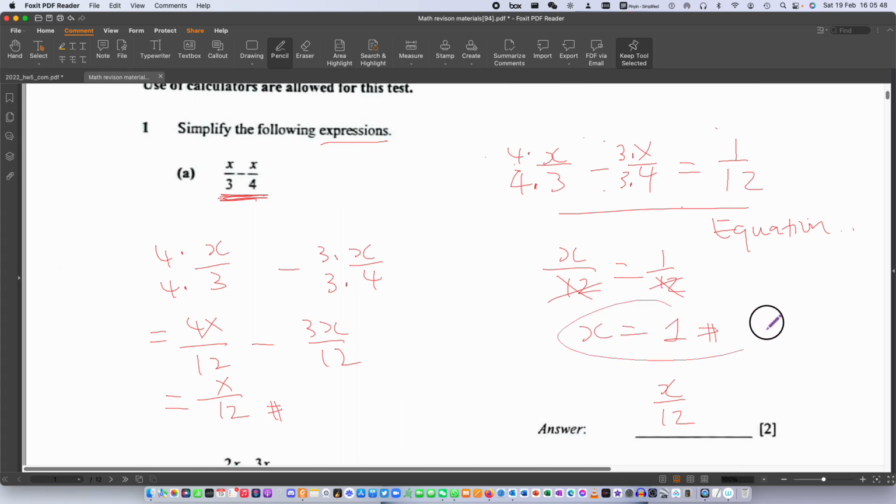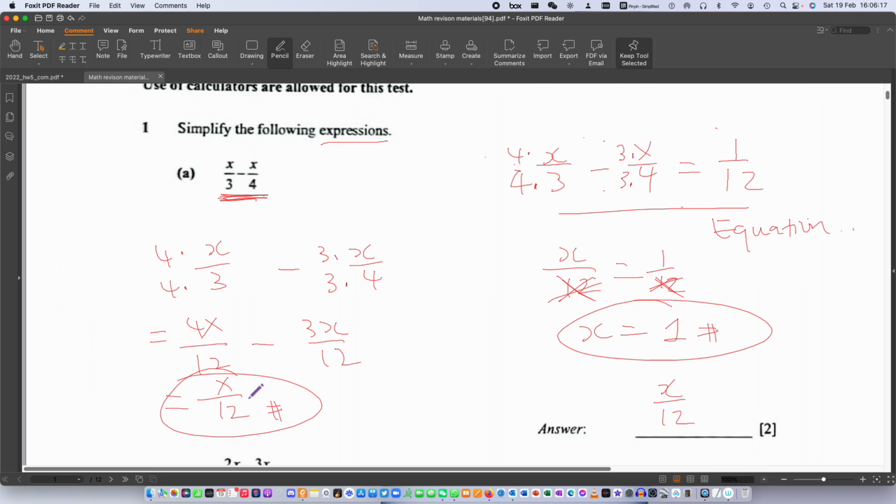So can you compare the answer? When it's an equation, you can cancel the denominator if they are the same denominator. But if it's an expression, can you cancel the denominator? No. Can you let this sink in?